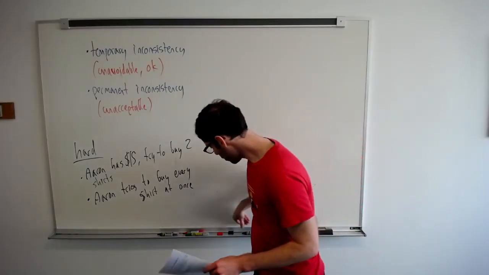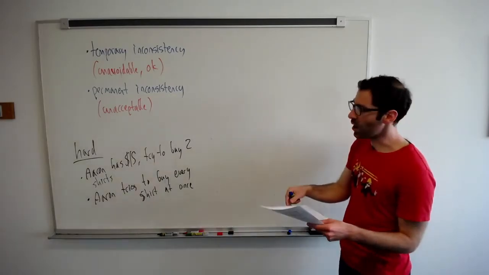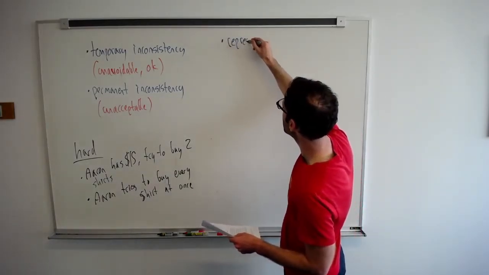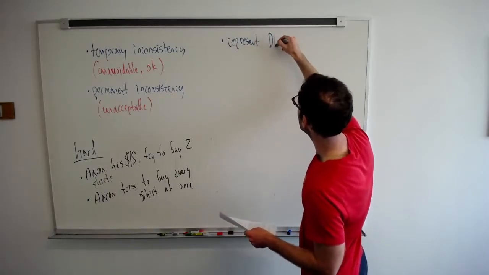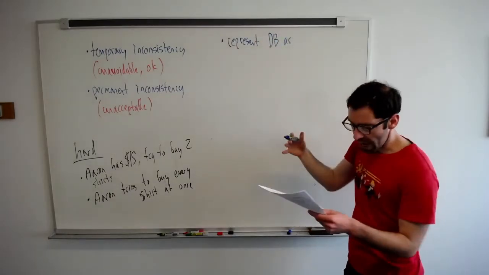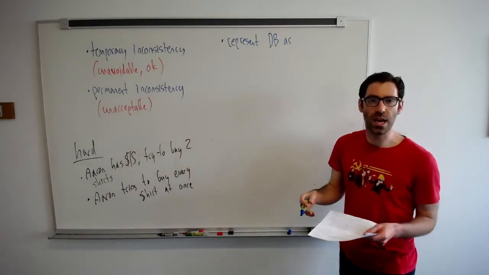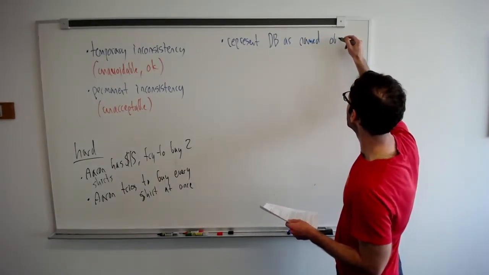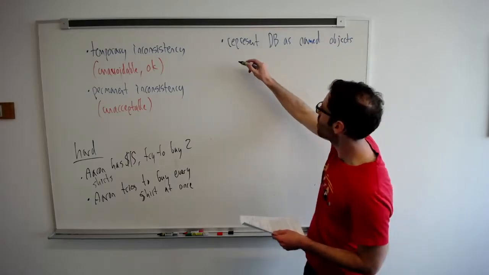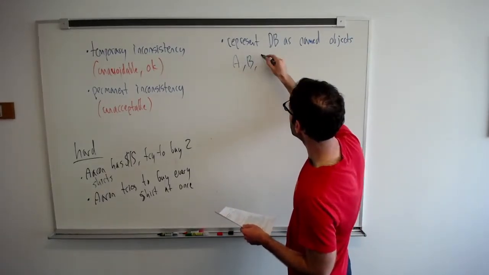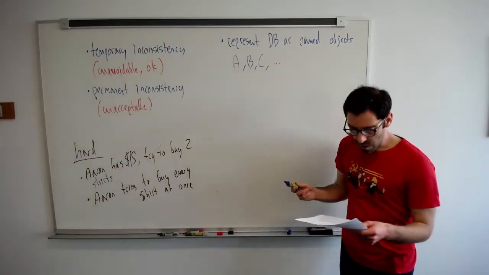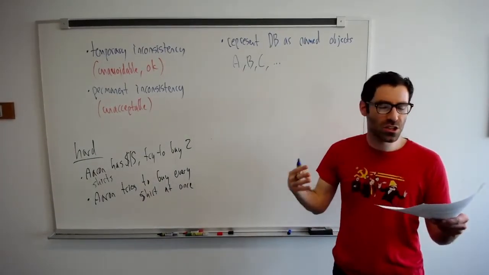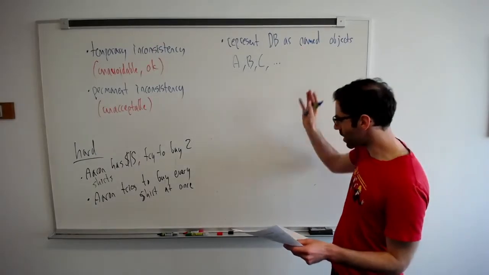So we're going to represent our database as some set of named objects. And these objects could be attributes, tuples, pages, tables, or even whole databases.